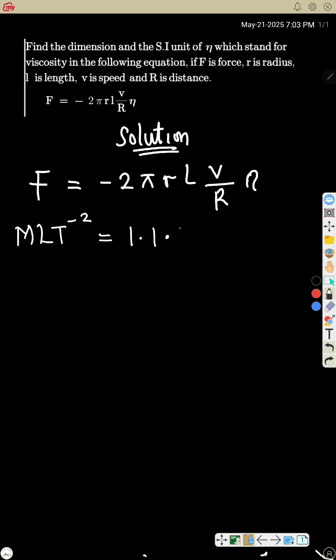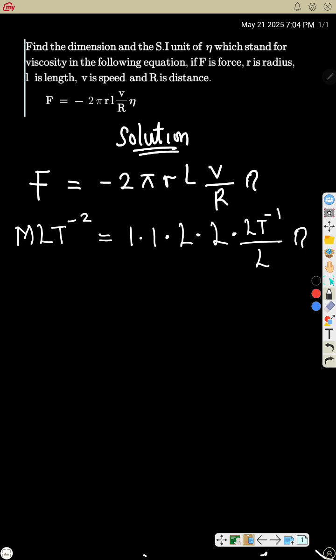Dimension of r is a kind of length, L. V is L T raised to power minus 1. And the other R is also a kind of length. So what we did here is put in the dimension of each quantity, because we want to find this viscosity.